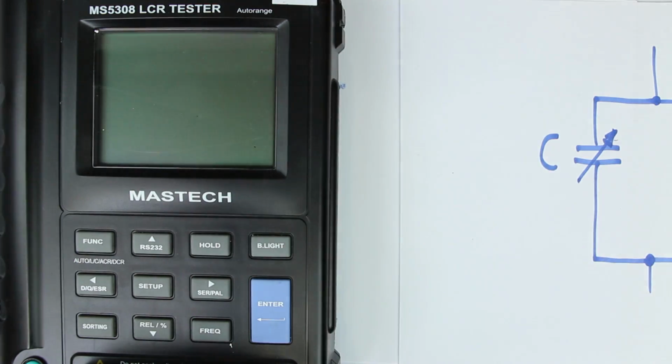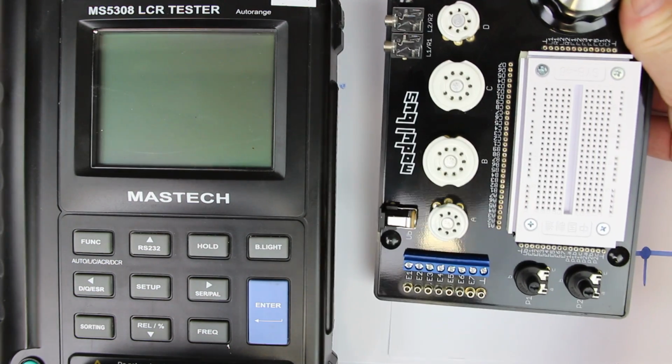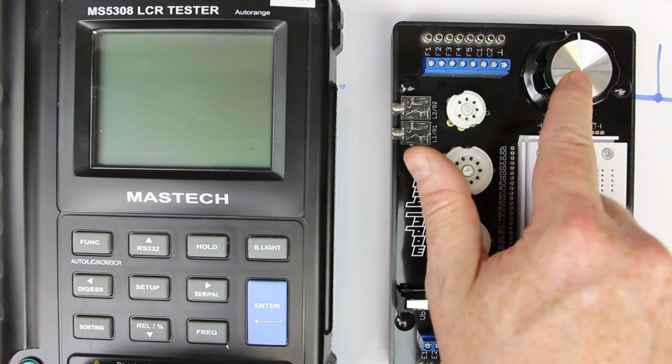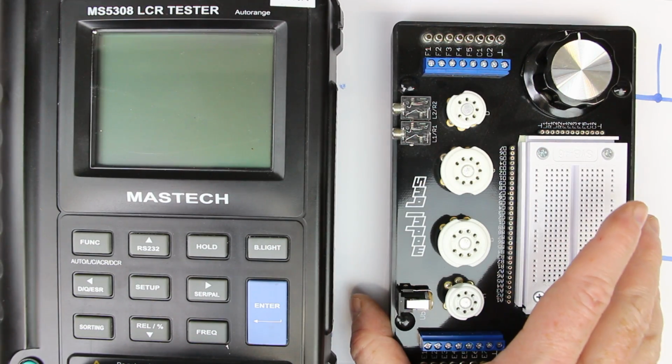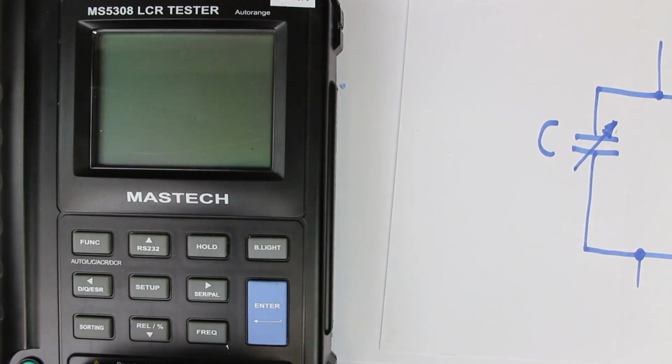And we also use exactly this type, our VCAP4, in our tube experimental kit RT100. And here under this knob is the variable capacitor. I'll show it to you in a second.